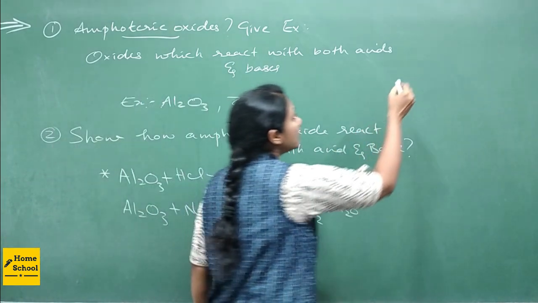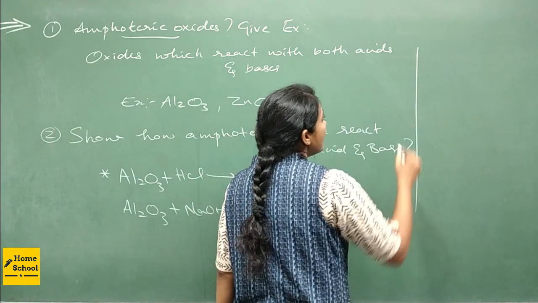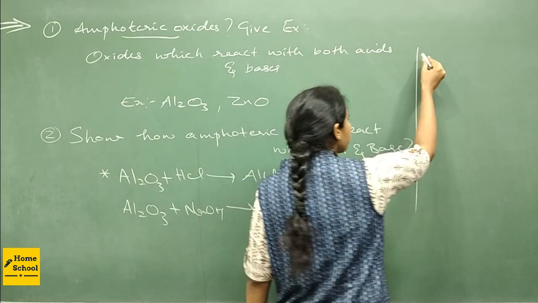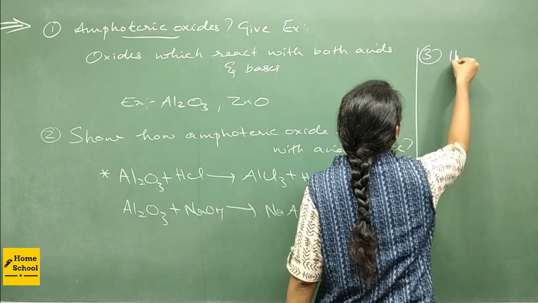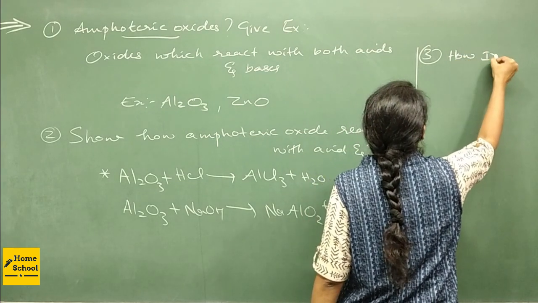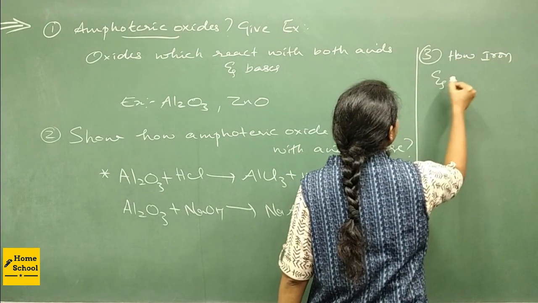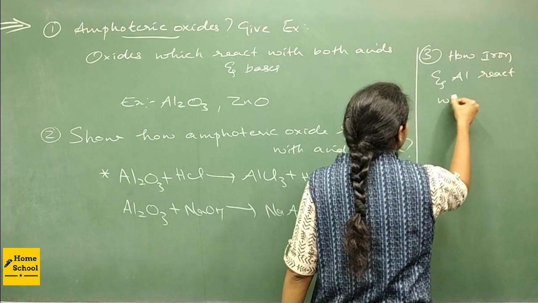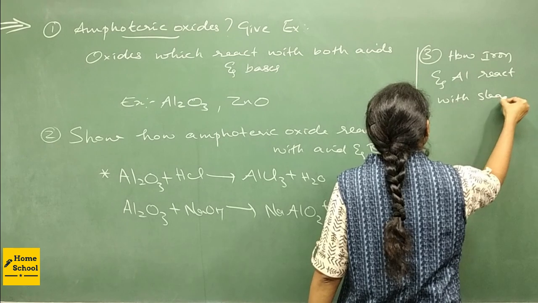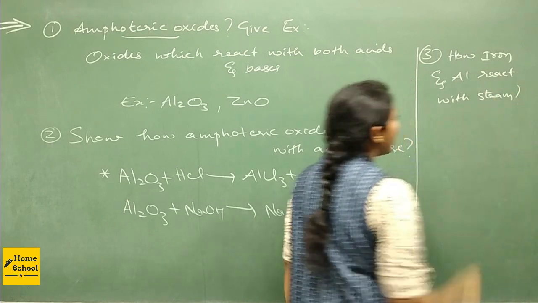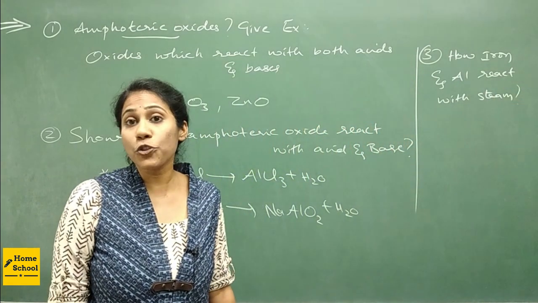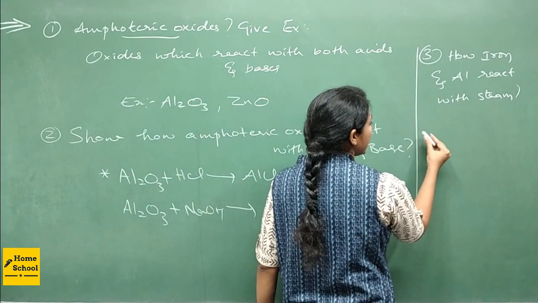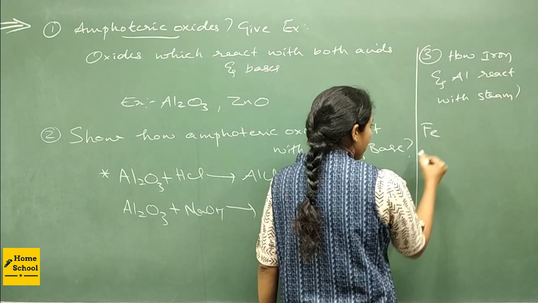And coming to the third question, they may ask you how iron and aluminium react with steam. This is another very famous question that you should not forget to study. You have to give the chemical reactions here. Iron is Fe.